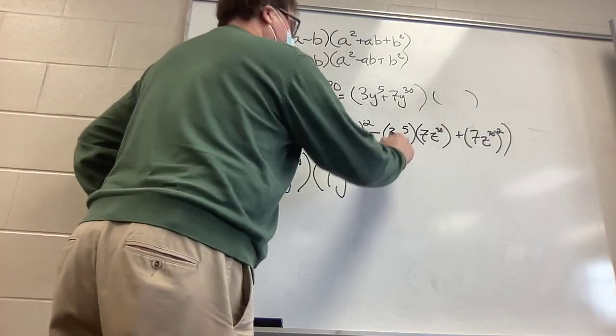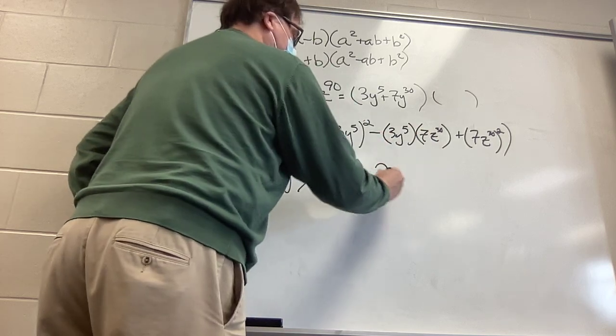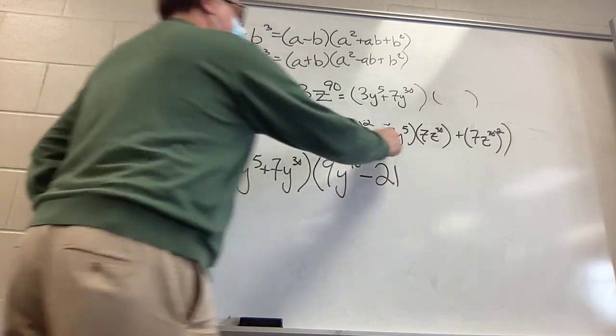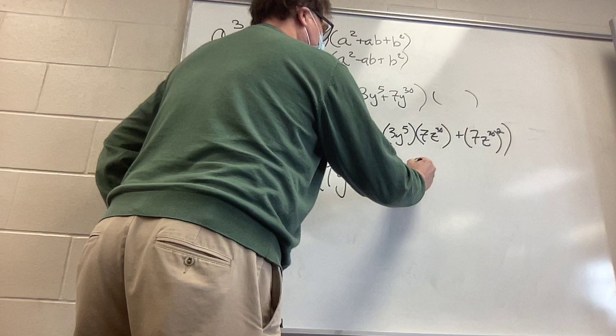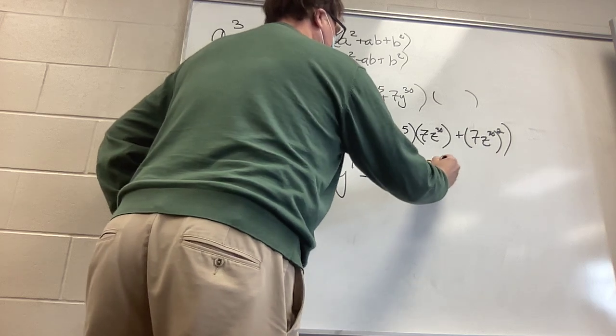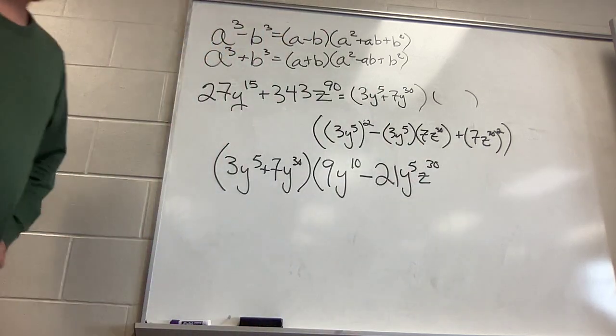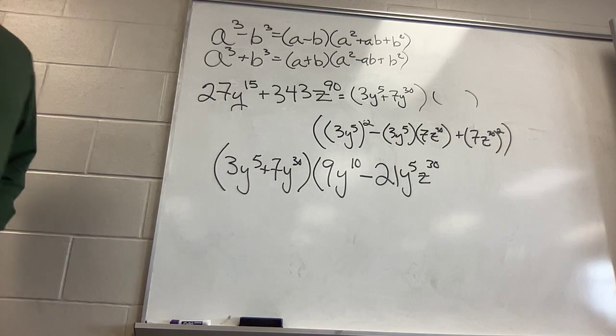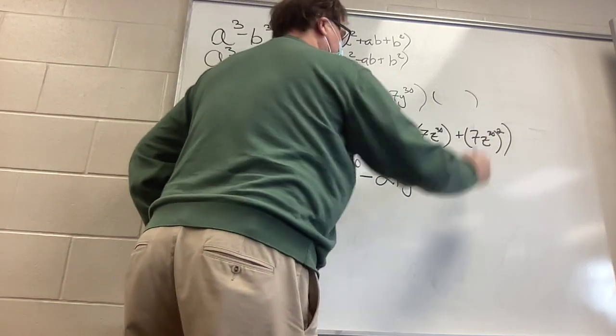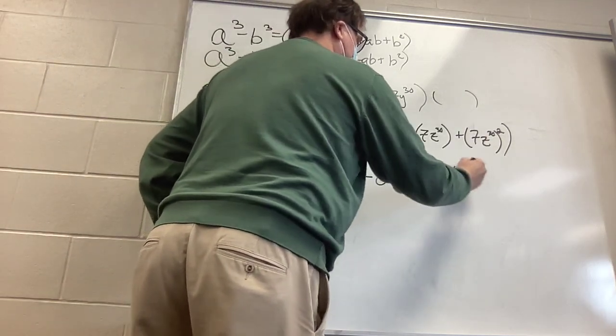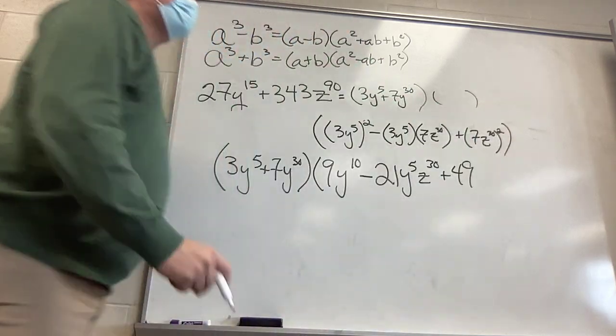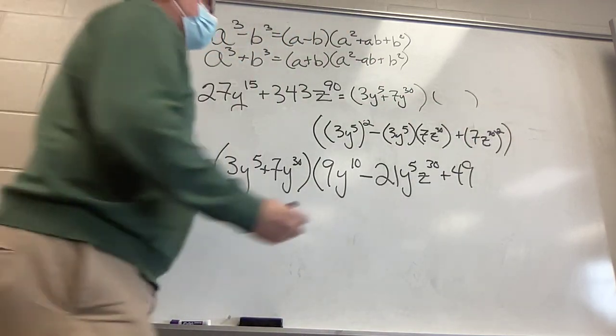The number multiplying, regular number multiplying. The variables just sit next to each other like nice friends. And 7 squared is regular number, 7 times 7. Z to the 30 is the exponent rule of multiplying.